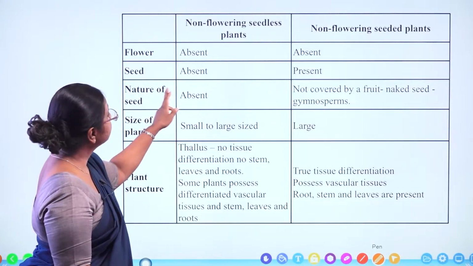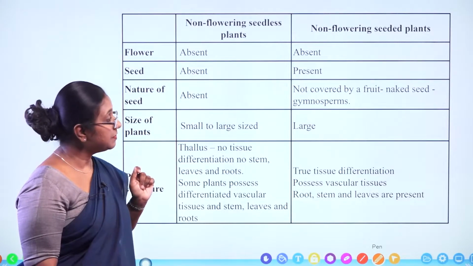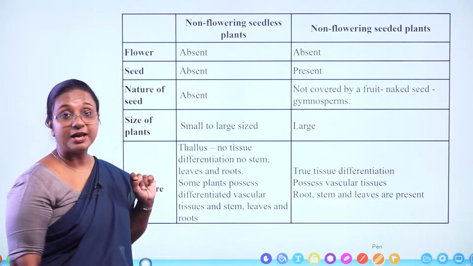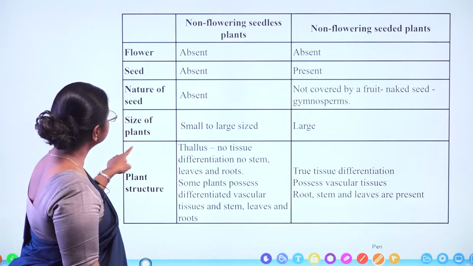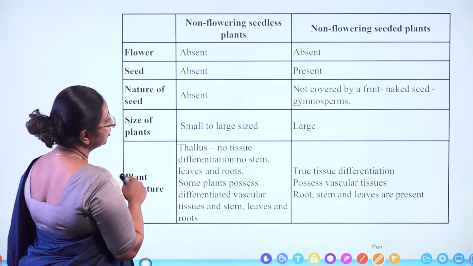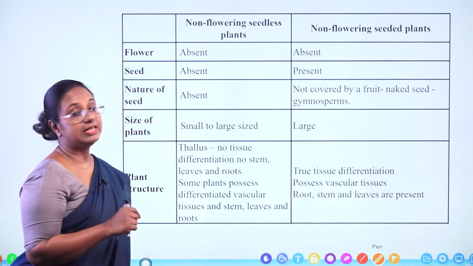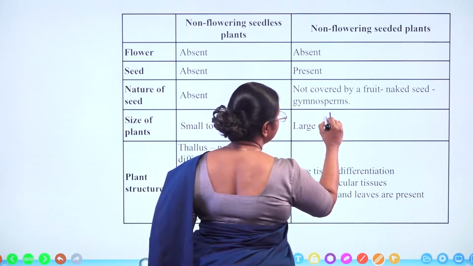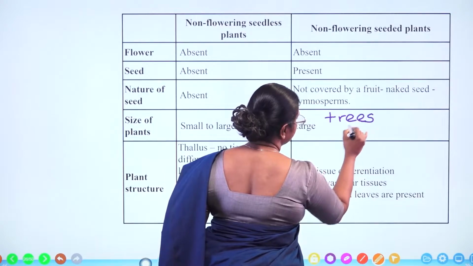Nature of seeds, since it's absent here, but in gymnosperms they are naked seeds, or they are not covered by a fruit. Then you can see size of plants. Here it's small to large, but non-flowering seeded plants mostly trees or shrubs. So here you can remember they are either trees or shrubs.